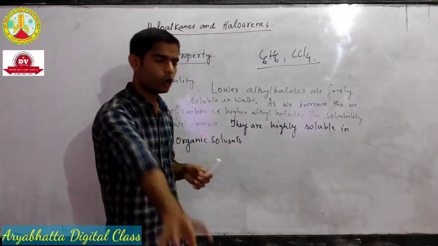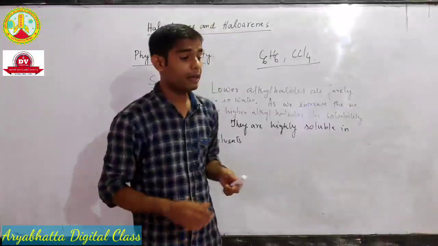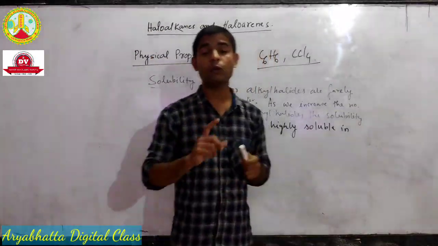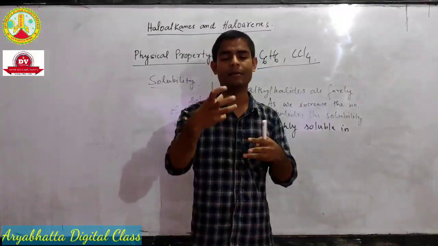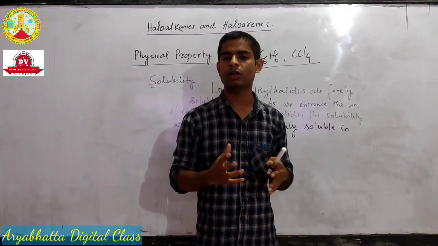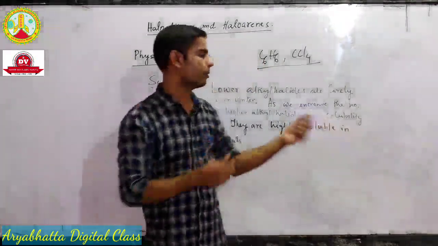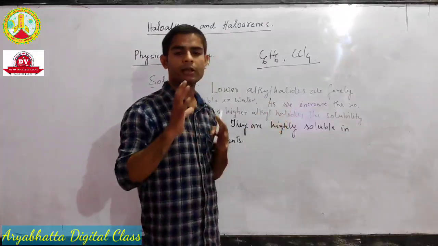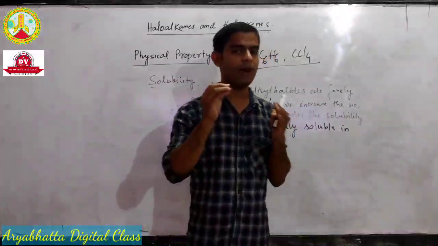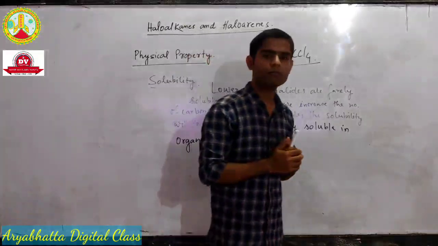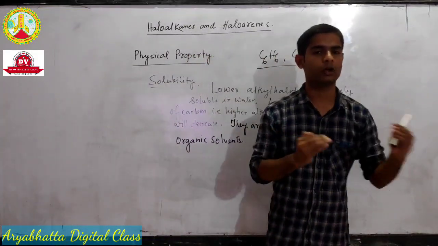In class 11, I discussed a few things about how you can determine the polarity of a molecule. You can determine the polarity of a molecule by using the concept of hybridization and the difference of electronegativity.